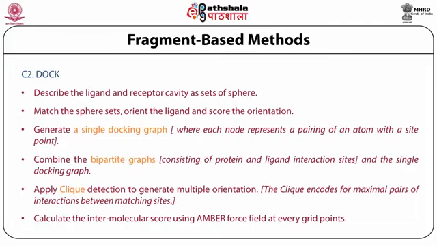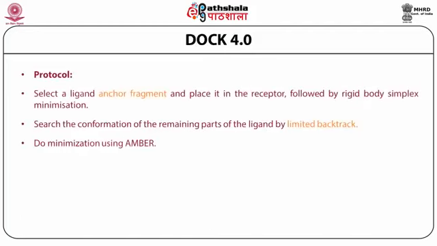This graph method, joined with the clique method, finding the multiple cliques, orients the spherical DOCK fragments appropriately in the active site. The protocol is to anchor the fragments, then backtrack all of them, then minimize by AMBER. DOCK also takes a very strong energy force for scoring.